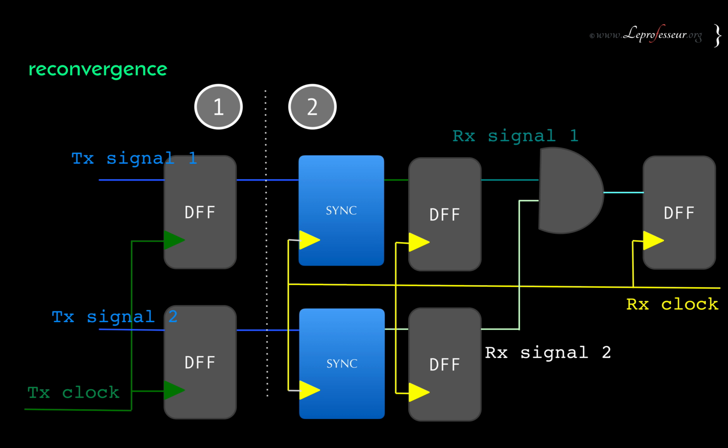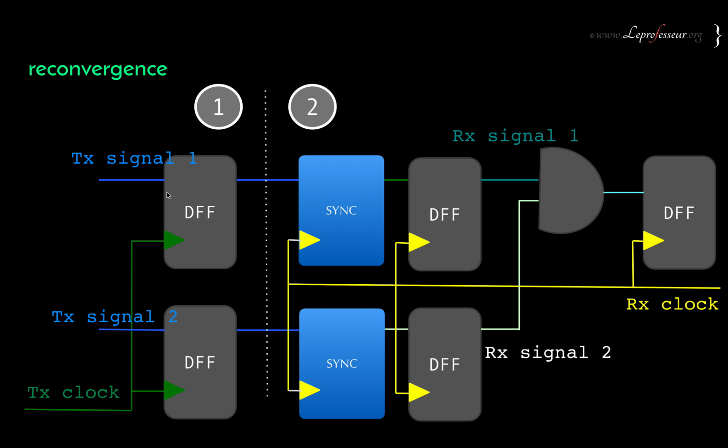Now reconvergence is another issue where you have to be very careful. I have discussed this reconvergence, how to deal with it, and what the implications of reconvergence are, in one of the CDC lectures. Please watch that. But in general, you are sending two TX signals, coming from the same clock domain and going to the receiving clock domain.